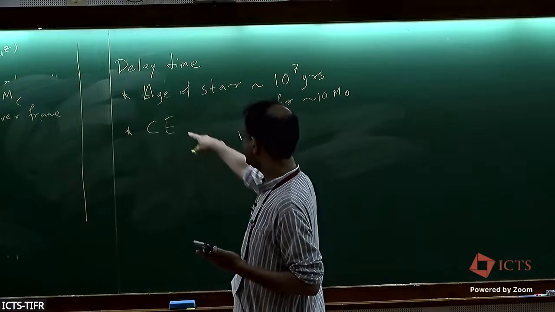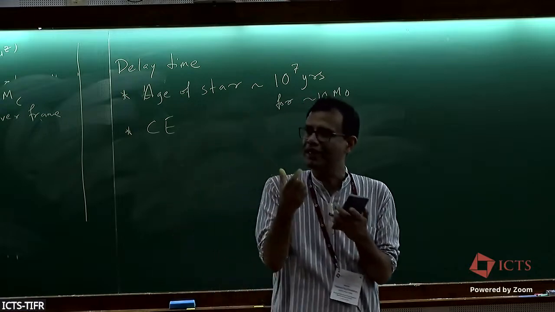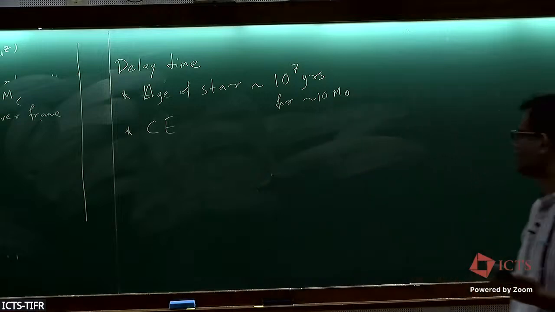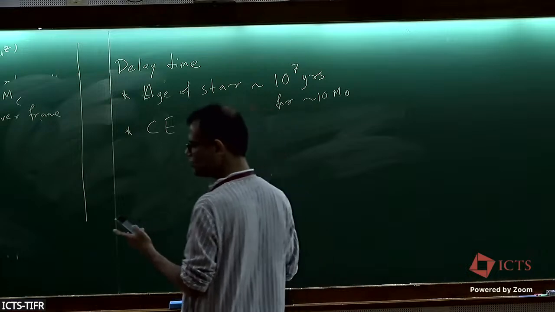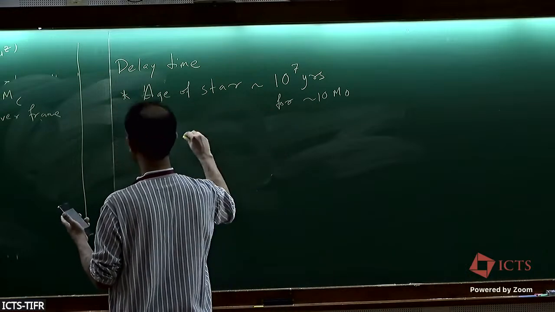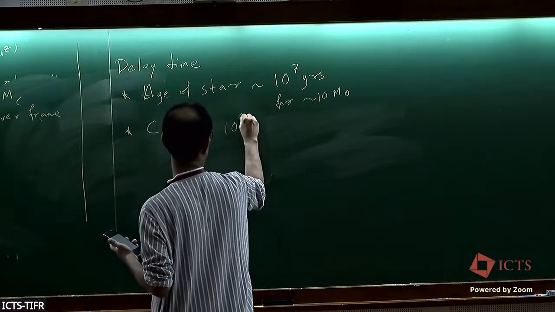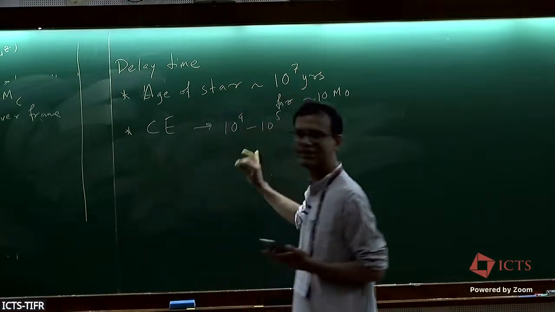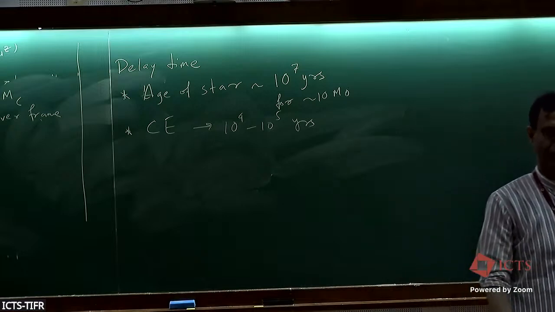This may help in forming a tight binary system, which is good for gravitational wave events. This part also is not very long. It is 10 to the 4 to 10 to the 5 years, so this is almost instantaneous as far as cosmology is concerned.